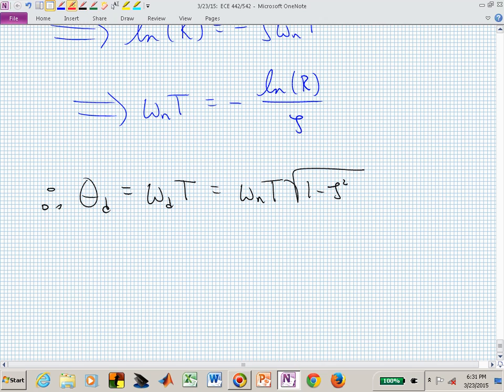We now have omega sub n t in terms of r and zeta, because we wanted to find an expression for theta sub d in terms of r and zeta. Now we have it. Theta sub d is equal to minus natural log of r over zeta times the square root of 1 minus zeta squared.